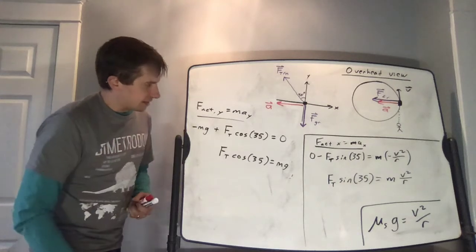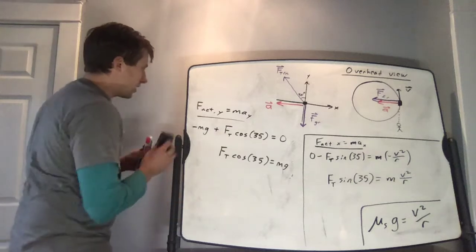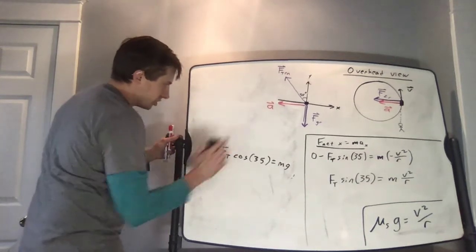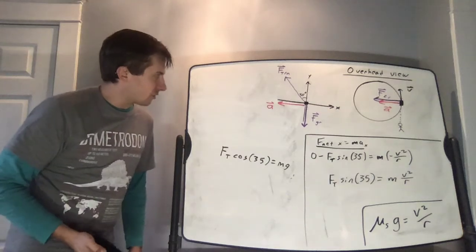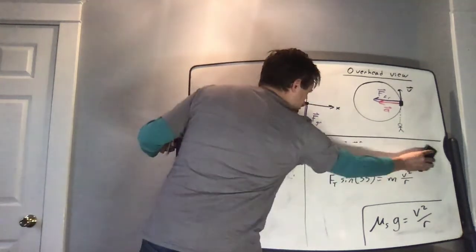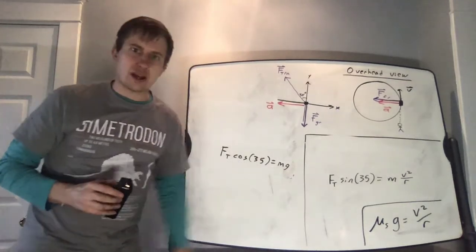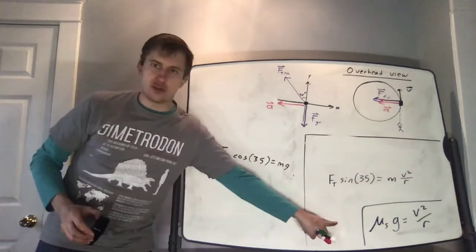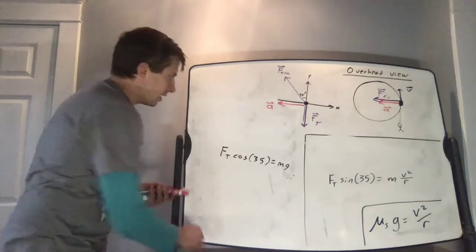To demonstrate that, let's look at the three important equations we have right now: the equation for the net force on the dice in the y direction, the equation for the net force in the x direction, and the equation from way back earlier that we still have to incorporate.